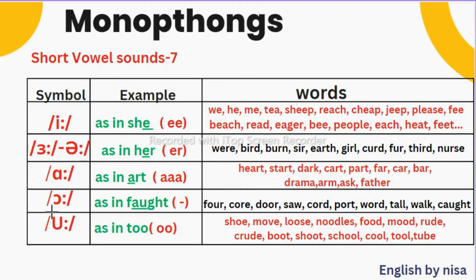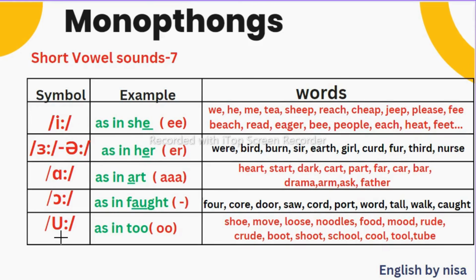Now let's see the inverted C with two dots, as in pout. It gives an O sound like for, core, door, saw. Here is how the British pronounce saw. So see the O sound in cord, pot, word.